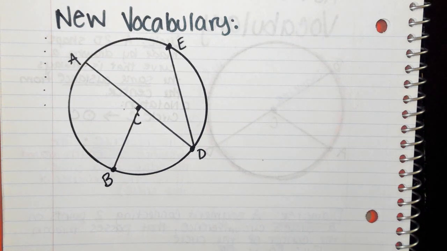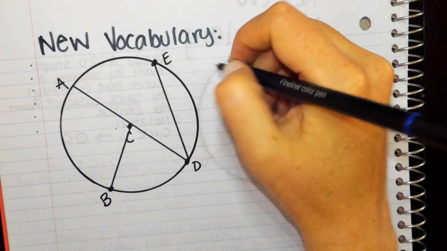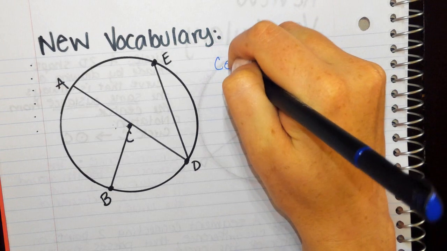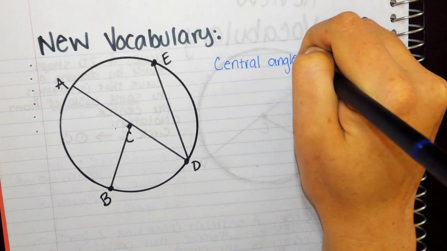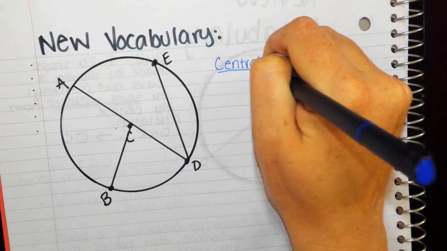All right, so our first new term, and I'm going to be writing this one in blue, is called a central angle, okay?